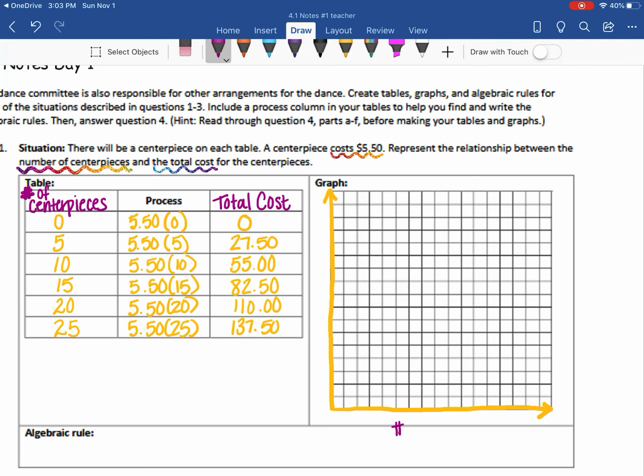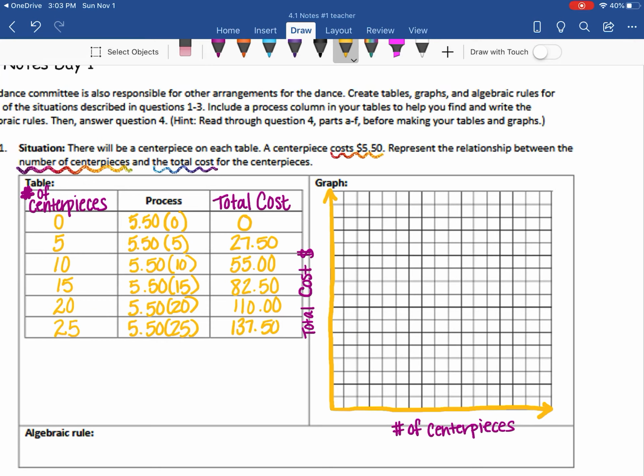I'm just getting that straight from my table. And on my y-axis, I know I'm talking about the total cost in dollars.